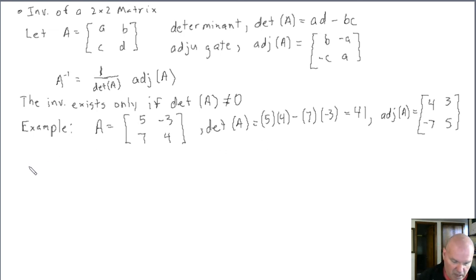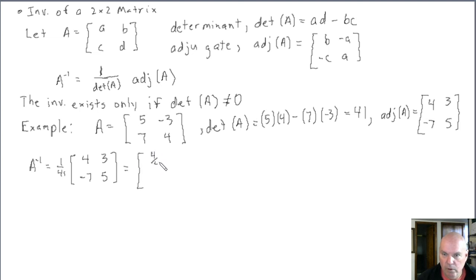Okay, so A inverse would be 1 over 41 times 4, 3, minus 7, 5. Or let me write that a little differently. 4 over 41, 3 over 41, minus 7 over 41, and then 5 over 41.